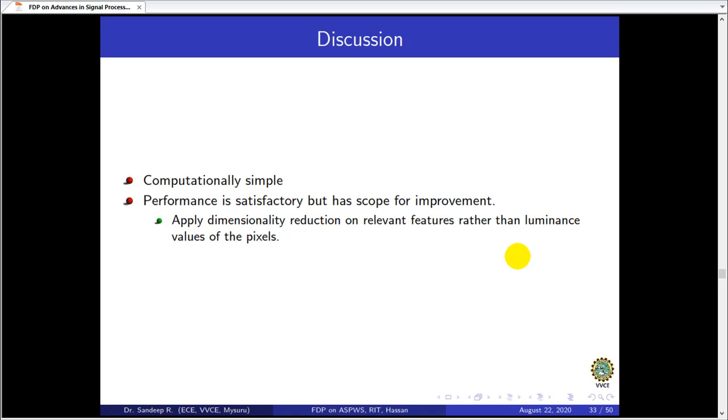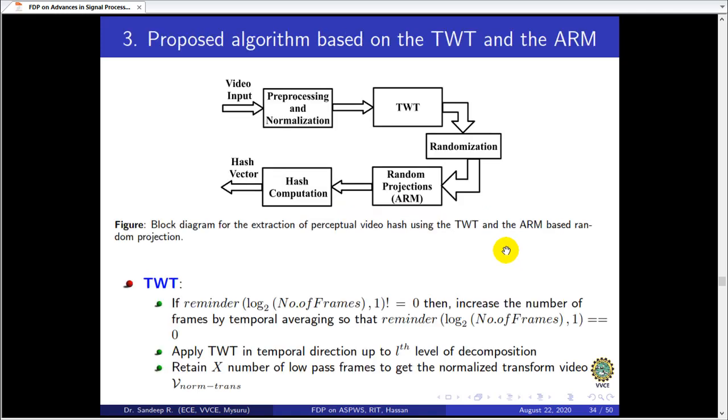This algorithm is called the perceptual video hashing algorithm based on the temporal wavelet transform and the Ecloptas random matrix. In this case, the input video is pre-processed and normalized. Here we have spatially resized the input, the RGB video is converted to gray video, and we have applied only spatial resizing. We have not done any temporal subsampling, but we have applied the temporal wavelet transform on the video.